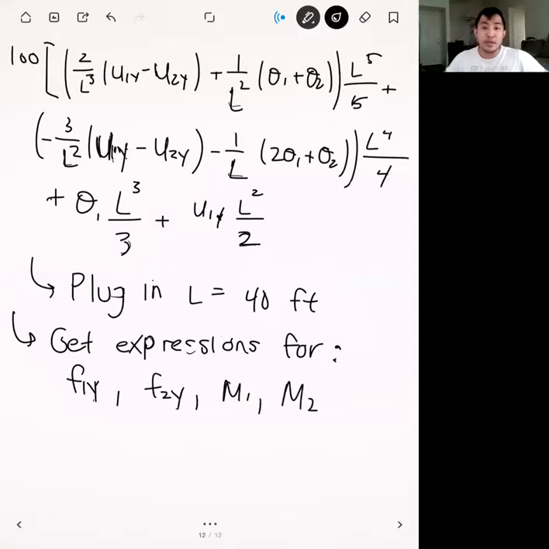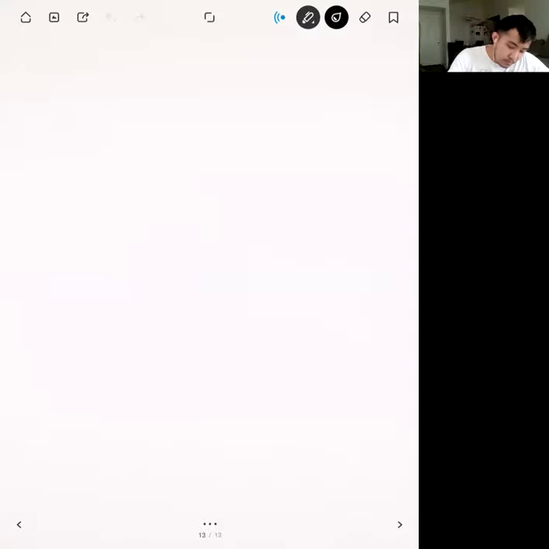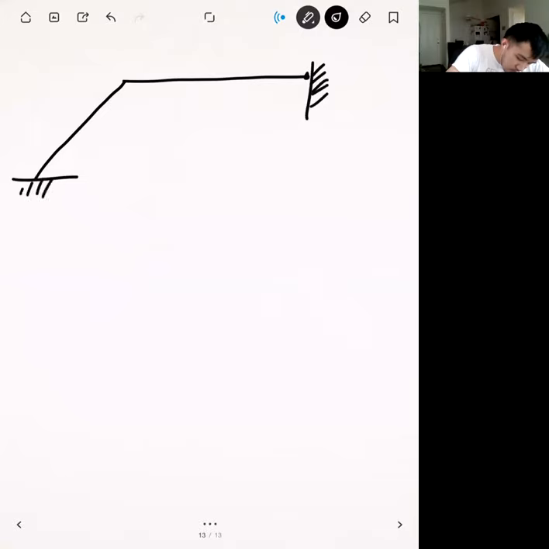Remember, these are going to be the equivalent nodal loads for this system right here. Once you do that, we can plug them back into our system. Let me increase the width here. By including all those, we get a nodal load just like this.